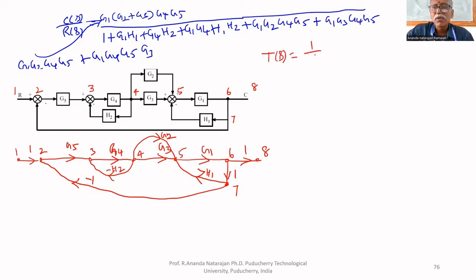T of S equal to 1 upon delta sigma Pk delta k. Here also only two forward paths are there. One is 1, 2, 3, 4, G3, 5, 6, 8. Another forward path is 1, 2, 3, 4, G2, 5, 6, 8. Therefore, P1 equal to G5, G4, G3, G1.